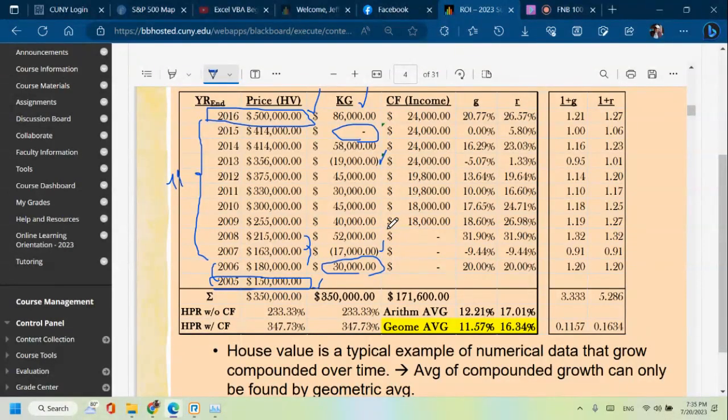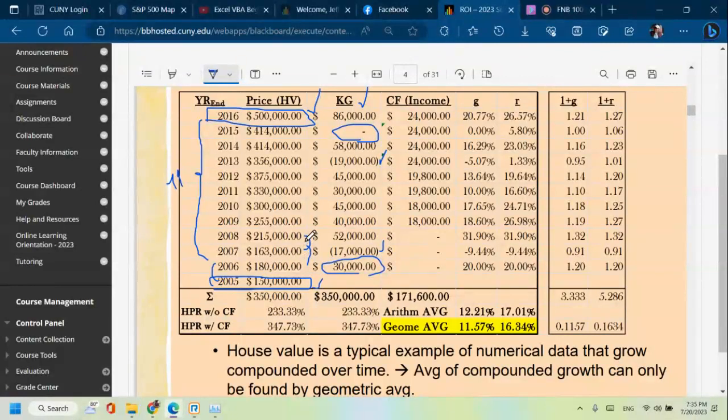If this can be compared to a stock. If you bought a stock, the price changes every day, but let's say we measured it at the end of each year, right?